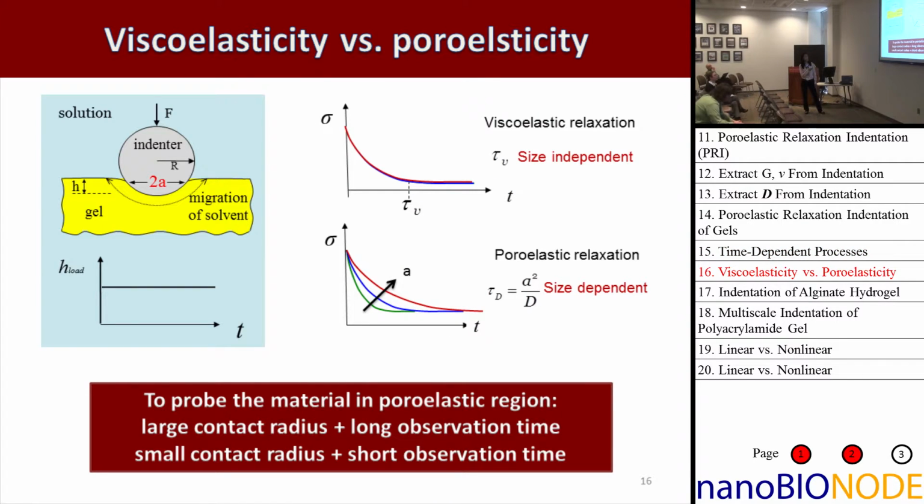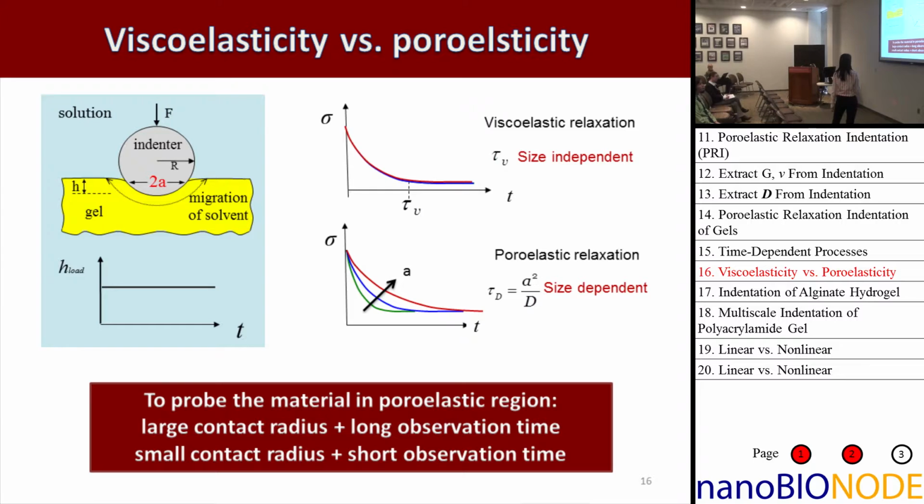Let's consider this relaxation test. If the time-dependent behavior is viscoelastic, the relaxation time is independent of the size of indentation. You will get the same curve for different sizes of indentation. But if it is poroelastic, the relaxation time scales with contact radius squared. For larger indentation, the relaxation time is longer.